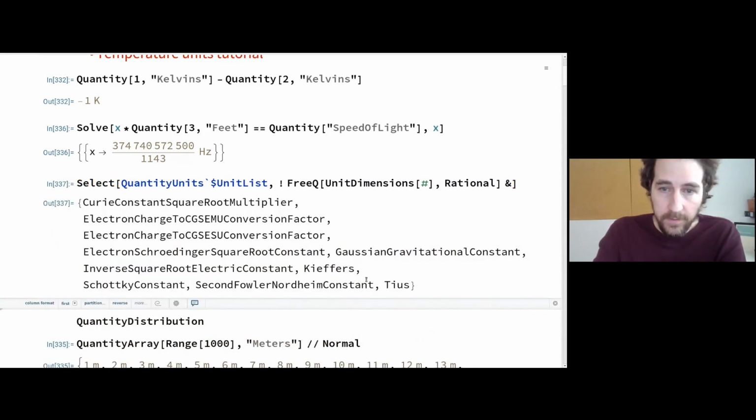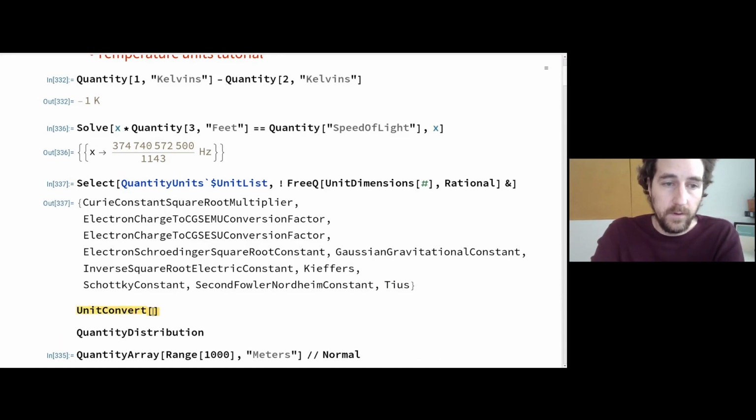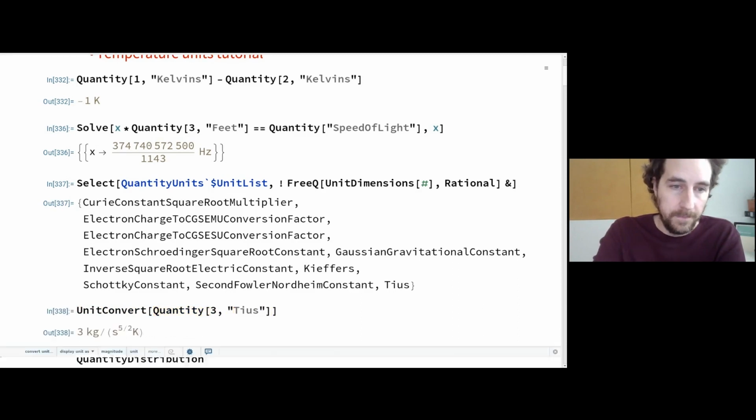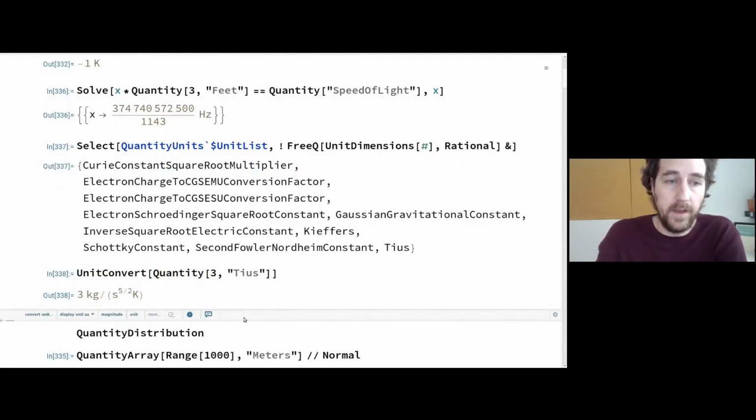Yeah, so here are some examples. Many of these are going to be kind of esoteric units, but we might say, okay, TS is a unit I'm not super familiar with, but if we say unit convert to TS, we will get back a value that is mass per seconds to the 5½ Kelvin.